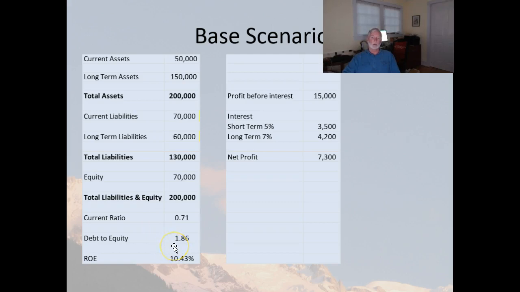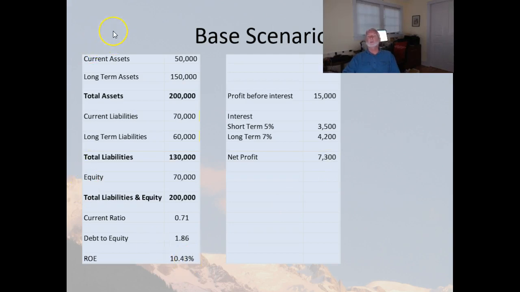Our debt to equity ratio is total debt 130, total equity 70, so 1.86. So we have $130,000 of debt and $70,000 of equity, so a little more debt than equity. And my return on equity, $7,300 of profit over $70,000, is 10.43%. So that's kind of where we're at.